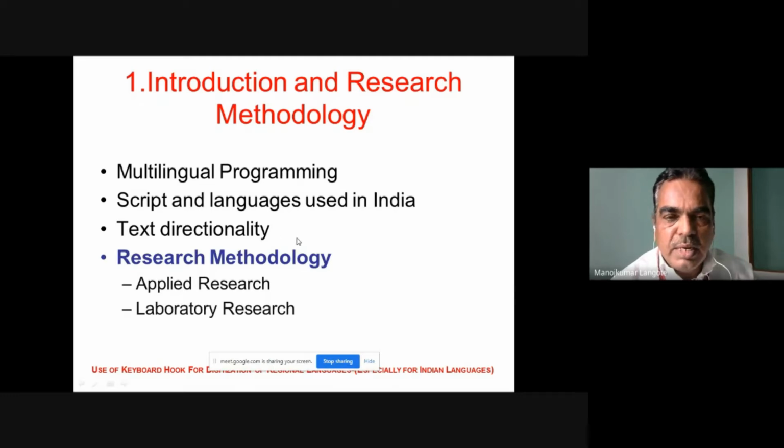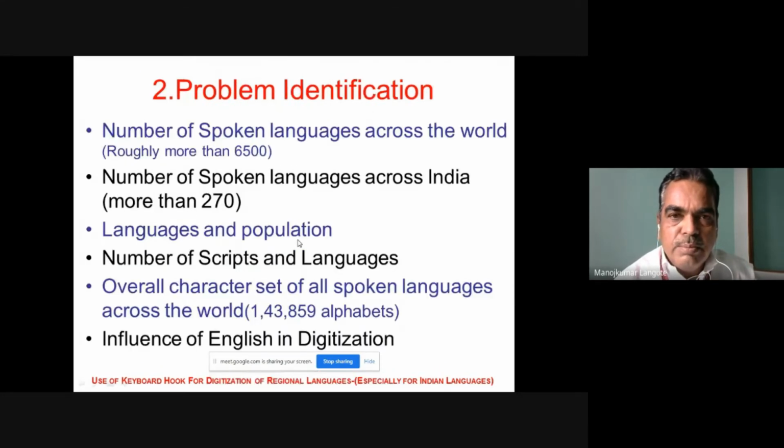So I have studied that part, and then the problem is that the number of spoken languages across the world is roughly more than 6,500. Then the number of spoken languages across India is also more than 270.